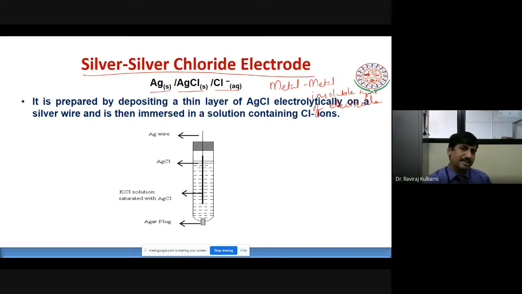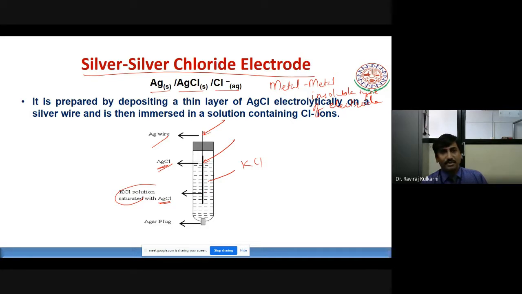So basically, this is a silver wire, and it is coated with AgCl here. The silver wire is coated with silver chloride, and that is dipped in KCl solution. Of course, it should be saturated with AgCl. You may ask me why it should be saturated with AgCl. Silver chloride is sparingly soluble in water.